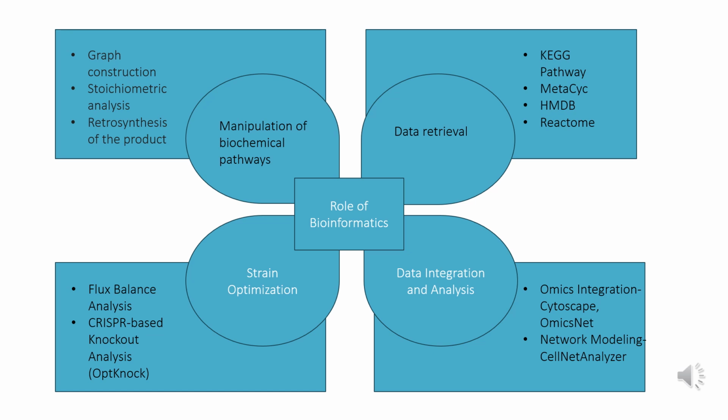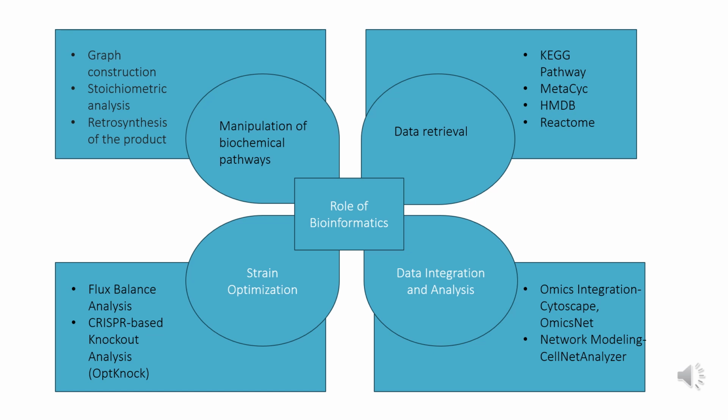The other role that it performs is strain optimization. It involves computational tools for strain design such as OptKnock. It suggests gene knockouts to enhance product yield. The other one is flux balance analysis.